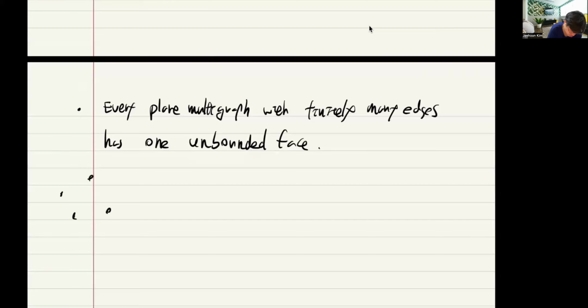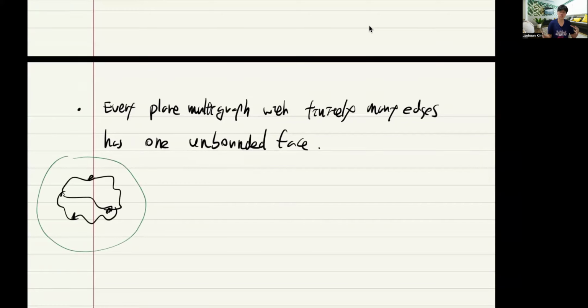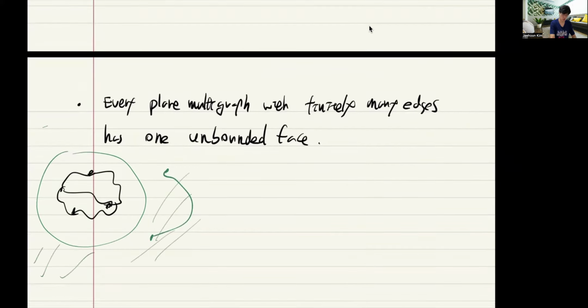If you have a finite graph and the edges are all curves, and there are only finitely many edges, you can take a large open set which contains all the edges. Then all the points outside, you can connect them without crossing edges. So all the points outside belong to the same maximal region. So if you take the face containing one of these points, then it must be the unbounded face, and that has to be the unique unbounded face.